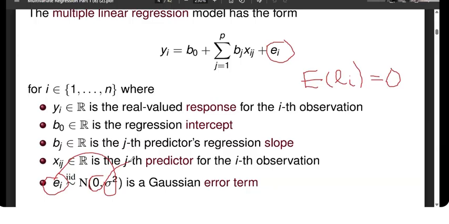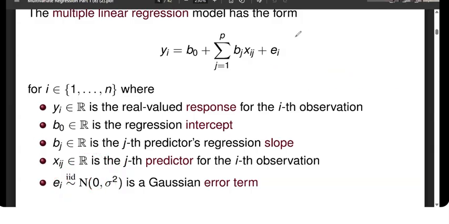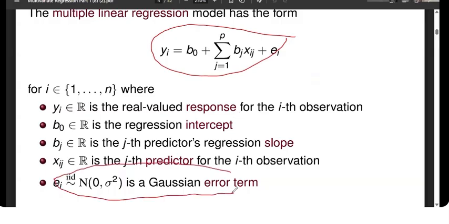So the assumption we're imposing on this model is that the unexplained part should have a negligible effect on average, and not only that, it should have a constant variance. You can only trust the model if and only if the assumptions hold. The moment the assumptions are violated, you cannot trust the model. That is the specification now.